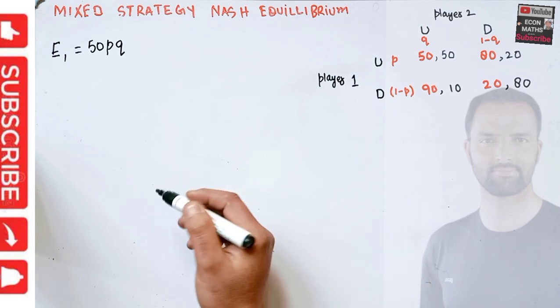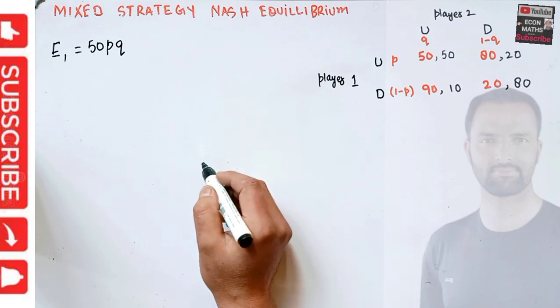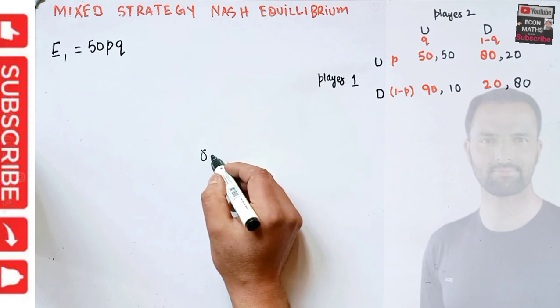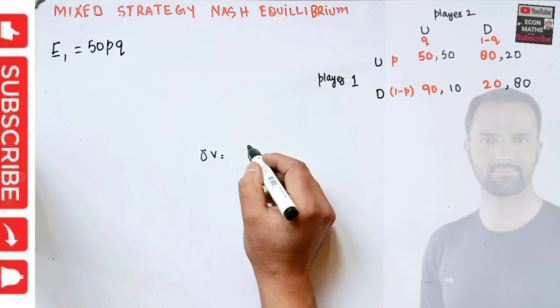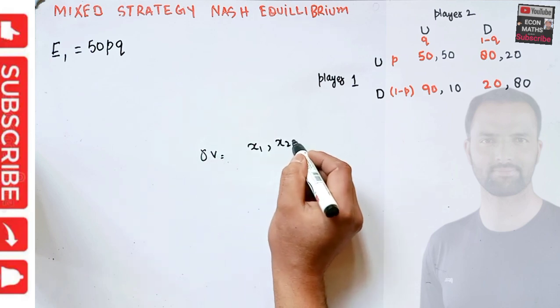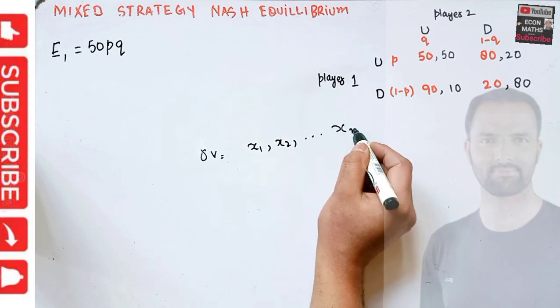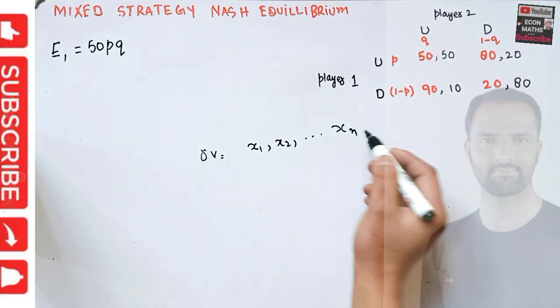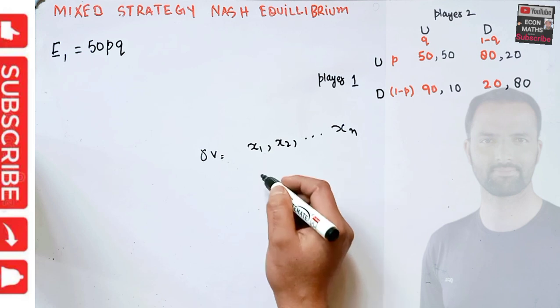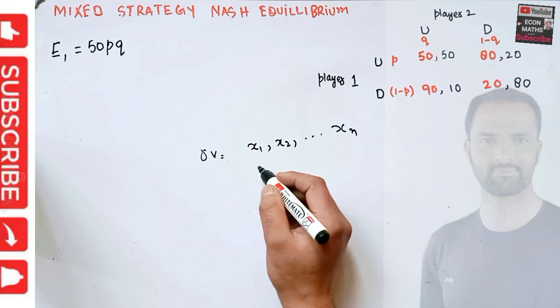Whenever we want to find the expected value, let us say we have the random variables x1, x2, and so on to xn, and these random variables have certain probabilities.